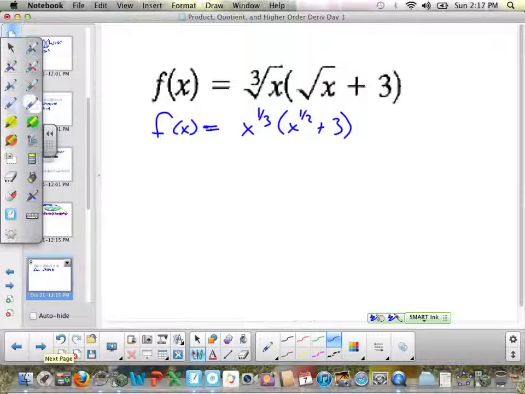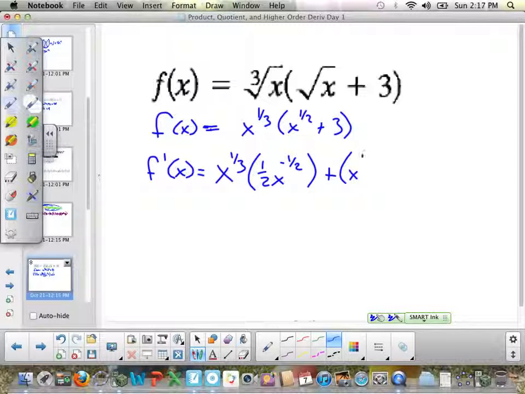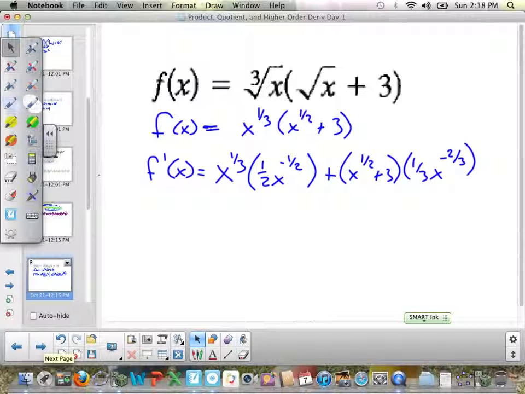Now if you wanted, you could distribute and then take the derivative, or applying the product rule, f prime is first times the derivative of second, 1/2 x to the negative 1/2 plus 0, plus the second function times the derivative of the first, 1/3 x to the negative 2/3. So we can eliminate the simplification step in these derivatives.